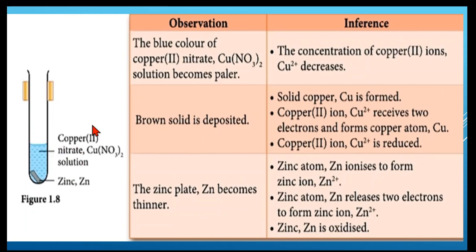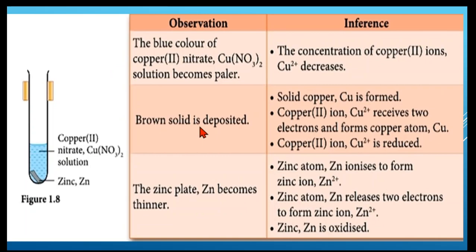Inference dia ialah the concentrations of Cu2 plus decreases. Dia warna biru sebab itu ion Cu2 plus. Tetapi oleh kerana dia tambah zinc di sini, concentrations of Cu2 plus ion dia berkurang, maka warna biru dia itu becomes paler. Itu first observation.